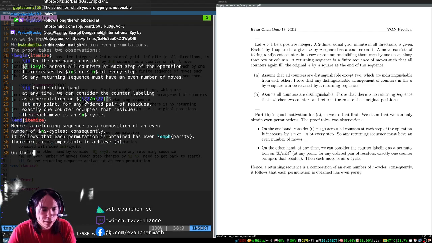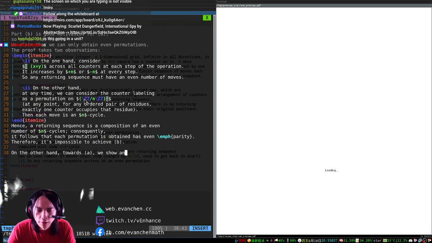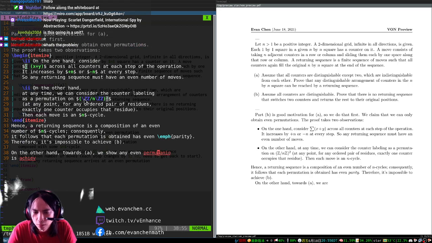On the other hand, towards A, we show any even permutation is achievable. Oh, this is definitely process. Oh, actually it could be grids as well, but I think it's more process. Claim.